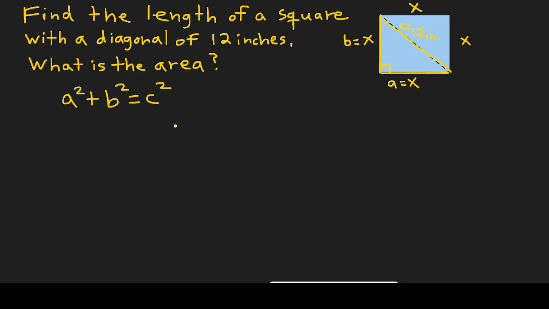If we substitute those values into the Pythagorean theorem, we're going to get x squared plus x squared equals c squared. C is 12 in this case, so we have 12 squared.